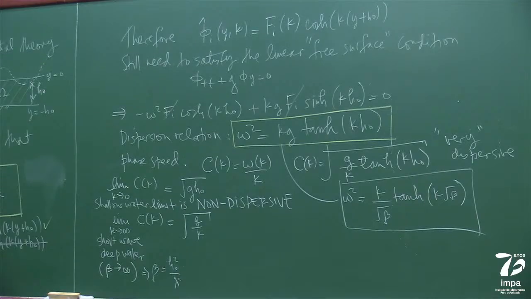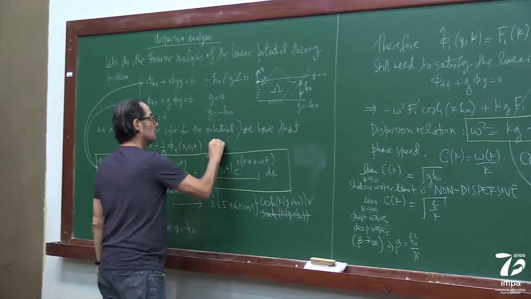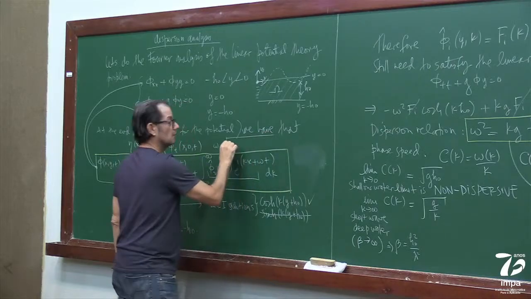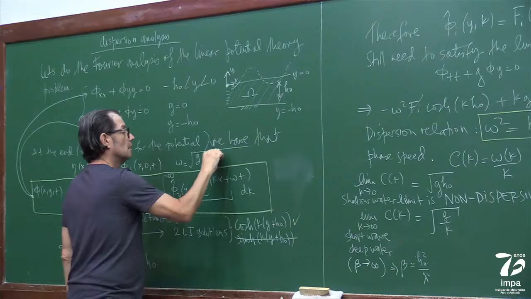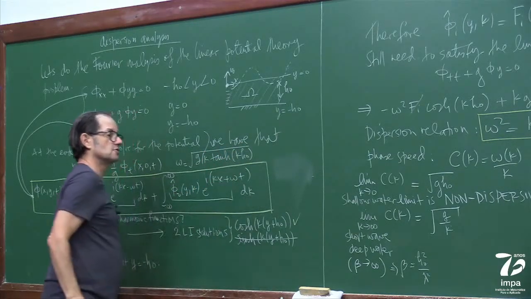So what else I want to say? Okay, yes, I have to mention one more thing. Maybe it's better to come over here. Let me repeat here: omega is equal to the square root of g over k hyperbolic tangent of k h0.